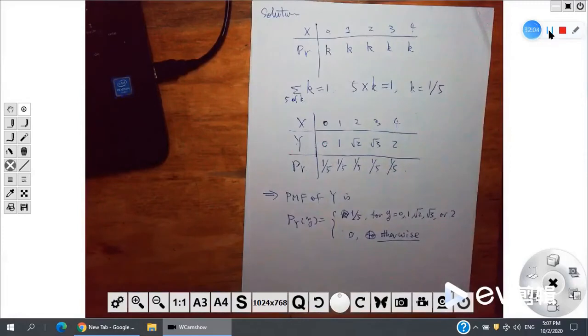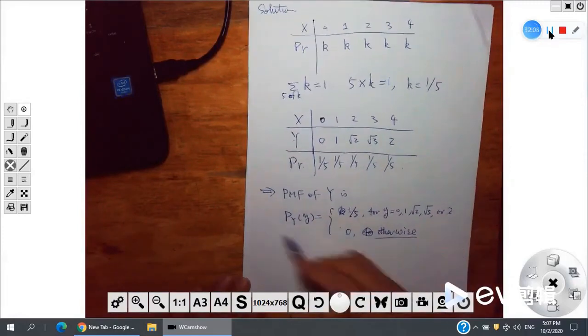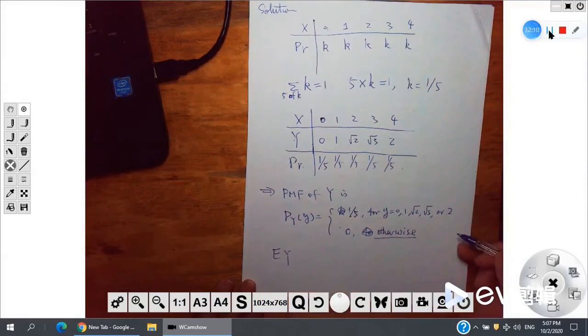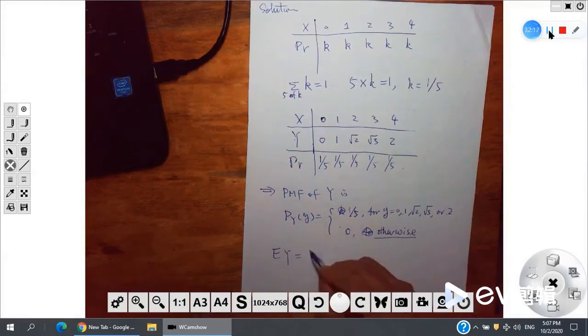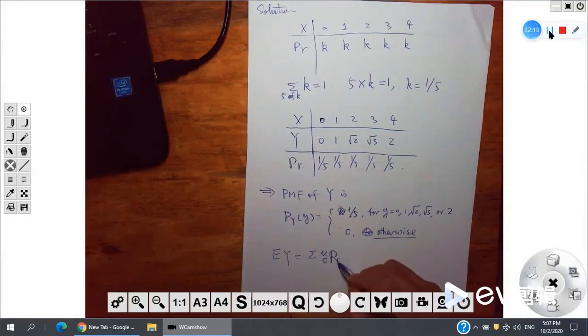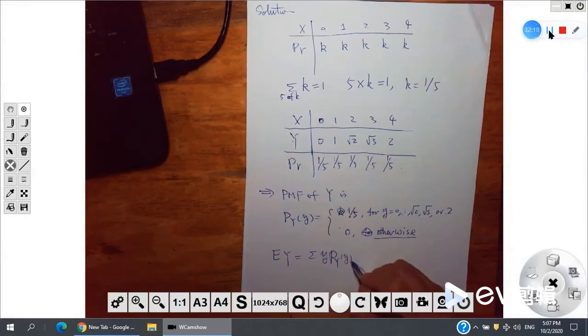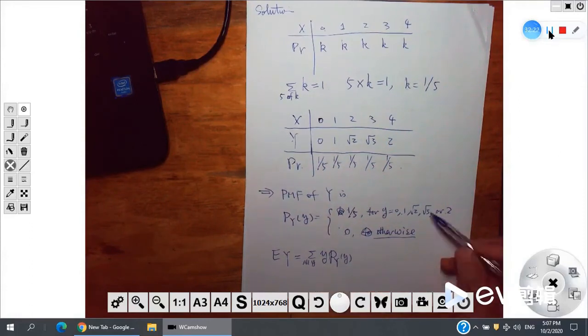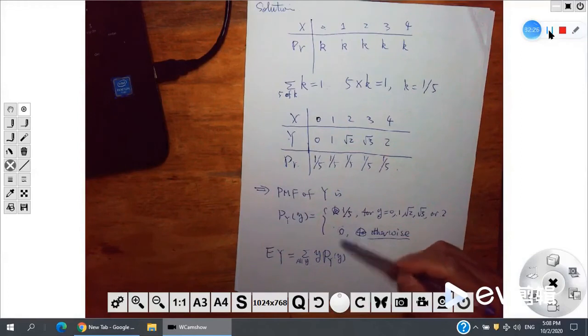And then E[Y]. What is E[Y]? E[Y] is the summation of y times the probability, that means P_Y(y), for all y. But for these other y's, the probability is 0, so we don't need them, right? Plus some 0, nothing.